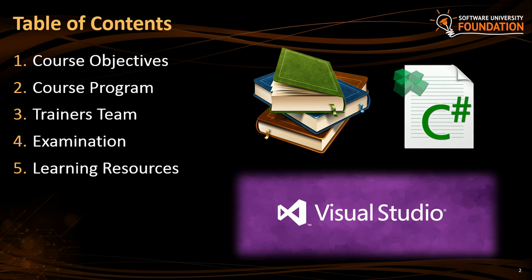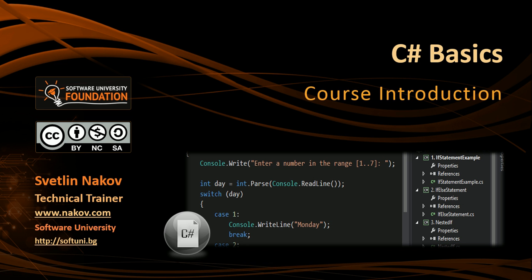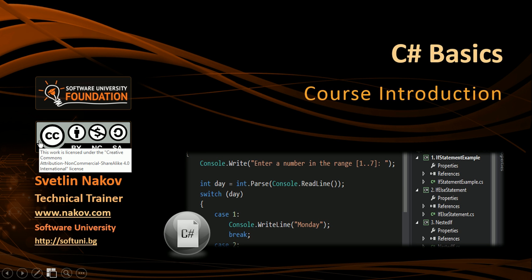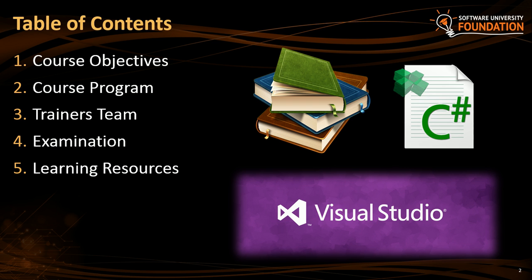This content is free. It's licensed under the Creative Commons license, as it's written here: attribution, non-commercial, share-alike license. And this course comes to you due to the Software University Foundation.